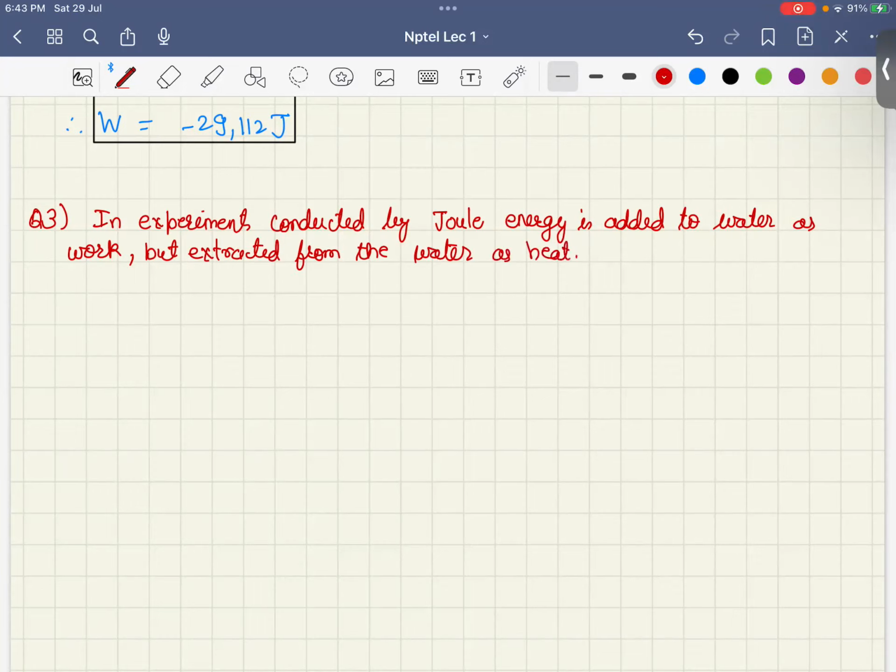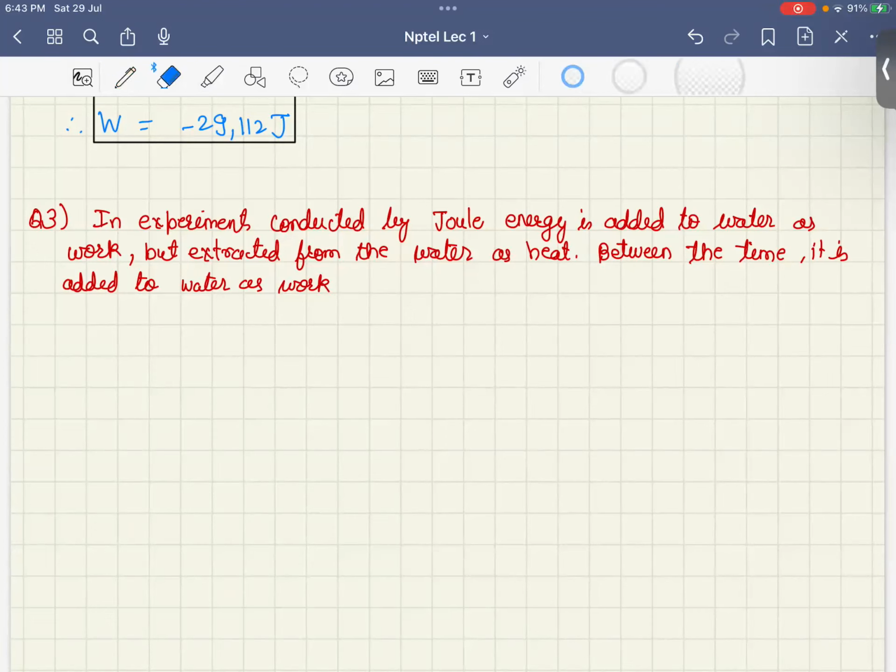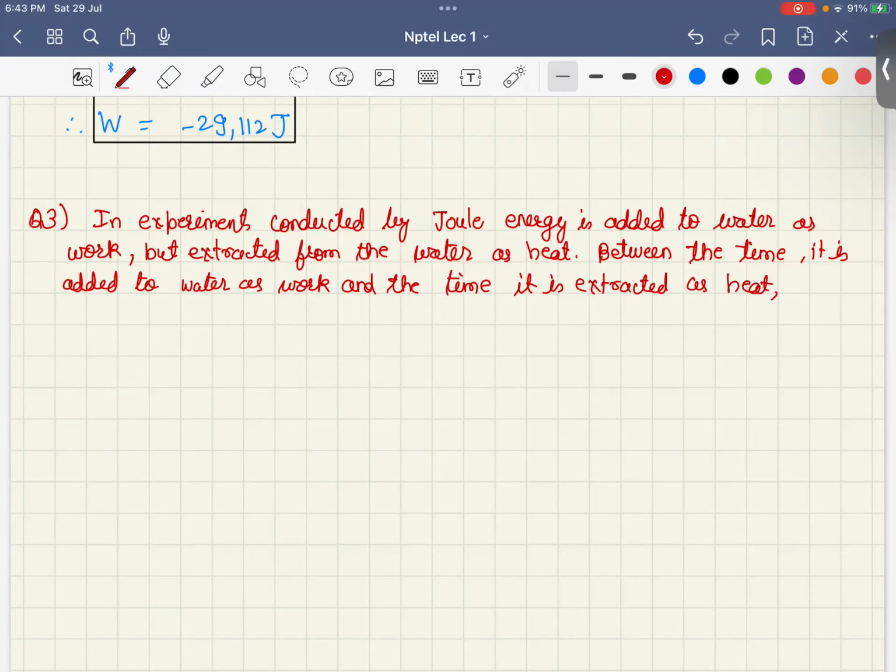So between the time it is added to water as work and the time it is extracted as heat, it is contained in the water in the form of what?